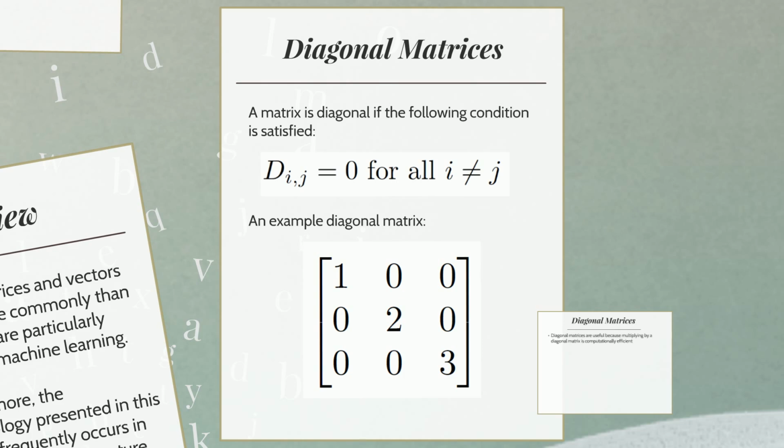As you can see in this 3x3 matrix at the bottom, the index 0,0 has a 1, index 1,1 has a 2, and index 2,2 has a 3. So when i is equal to j, we have a value. However, for all i not equal to j, we fill in those entries with zeros. So this is a diagonal matrix.